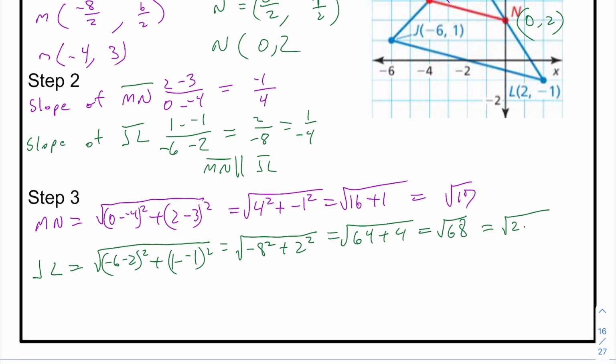So I get 2 times 34. 34 is an even number, so I'm going to just keep reducing. 2 times 2 times 17. Well, 2 times 2 is 4, and that's a perfect square, so I can pull that out of the radical. So it's 2 radical 17.